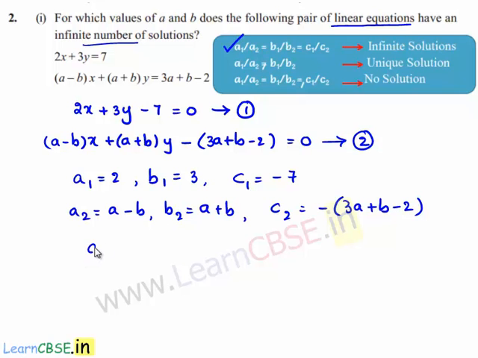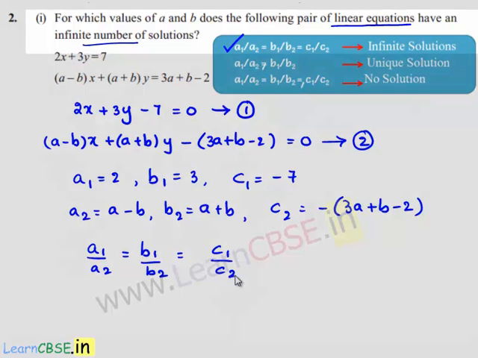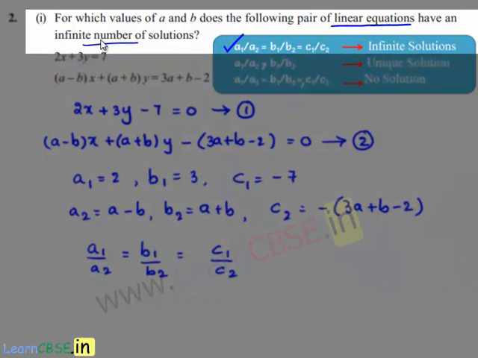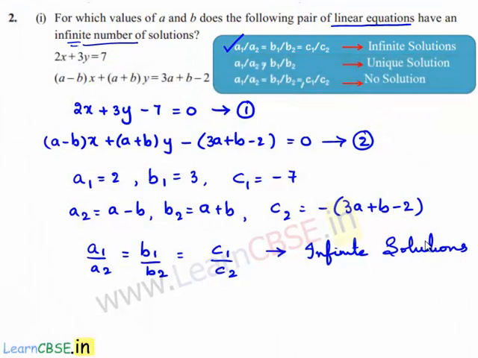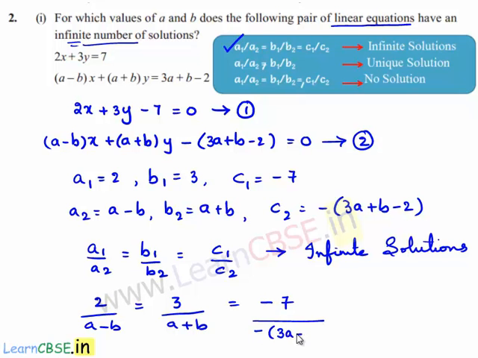So we can write a1 by a2 is equal to b1 by b2 is equal to c1 by c2, because the given set of linear equations have infinite number of solutions. Here a1 is 2 and a2 is a minus b, b1 is 3 and b2 is a plus b, c1 is nothing but minus 7 and c2 is minus of 3a plus b minus 2.